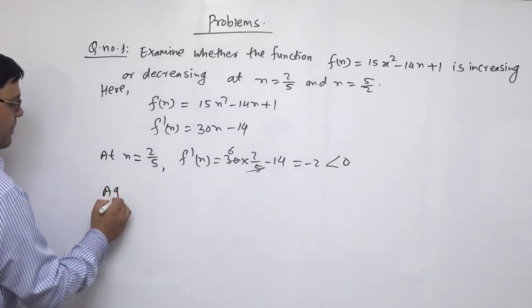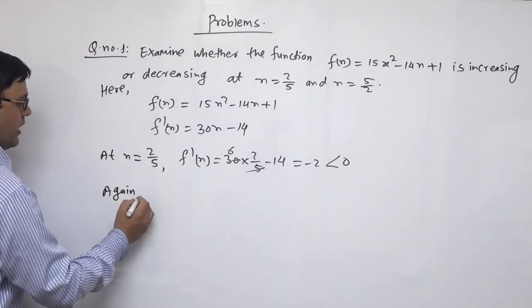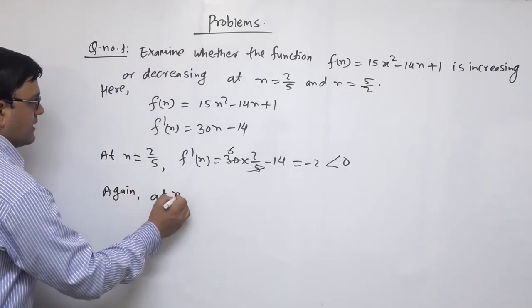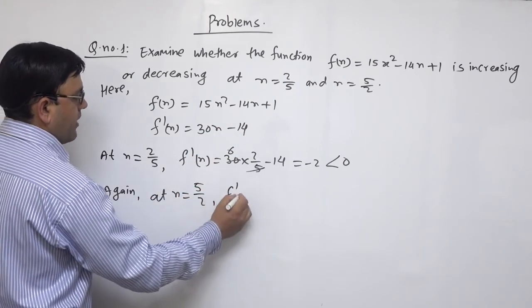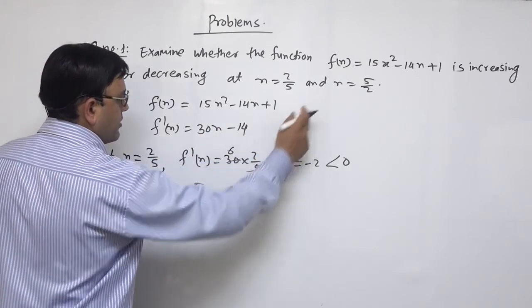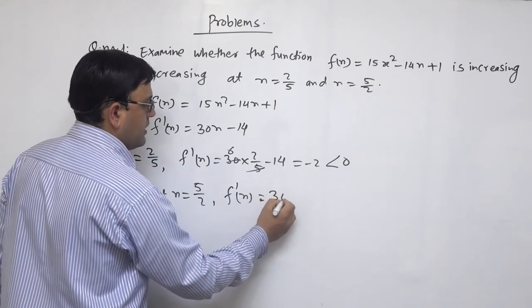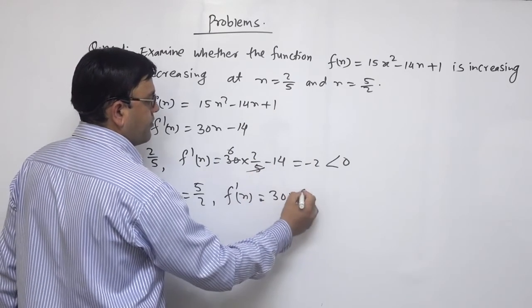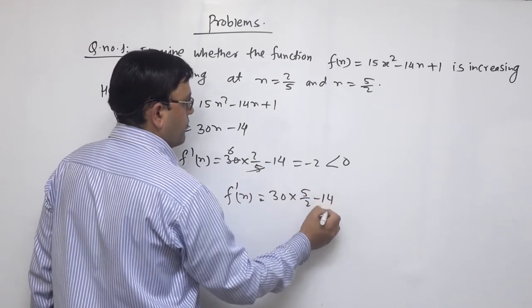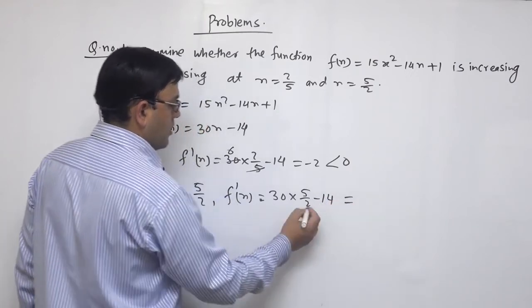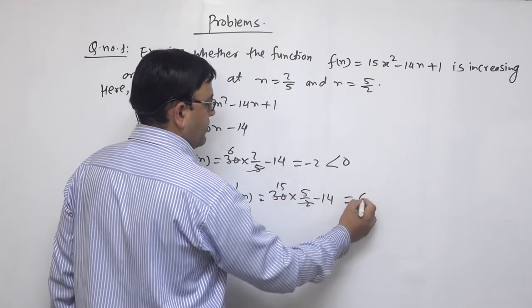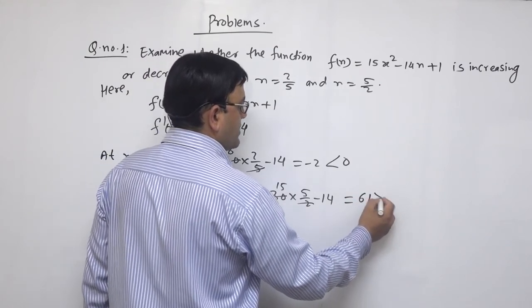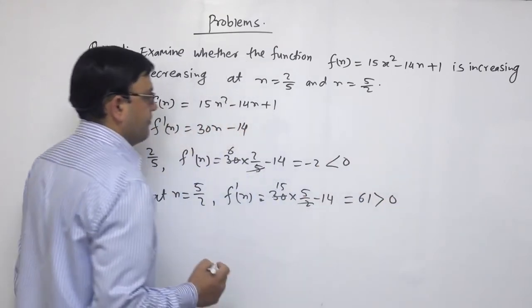Again at x is equal to 5 by 2, f dash x, 5 by 2 राख्दा कति हुन्छ त. अब हेर्नुस् है त, 30 times 5 by 2 minus 14 is equal to this 15, 75 minus 14 is 61, which is greater than 0.